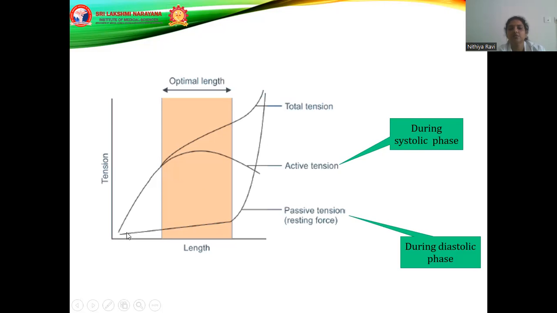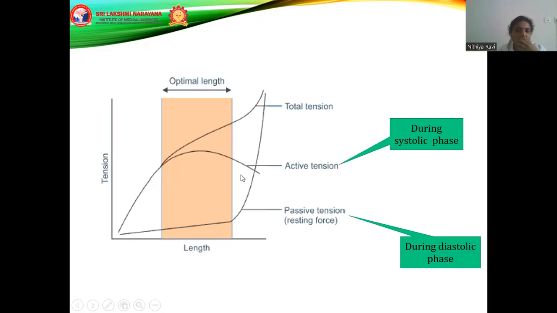Initially, when the muscle fiber is getting stretched because of the filling of the chambers with blood, there will be an increase in the length of the muscle fiber, that is increased distensibility, and the tension in the muscle fiber will keep increasing. Beyond one particular level, the muscle fiber will give way, so that there will be a decrease in the tension in the muscle fiber.